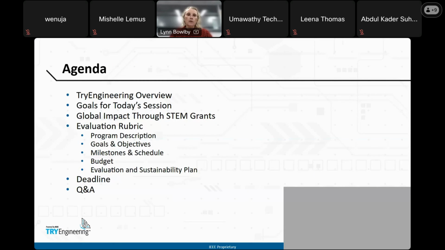And if you've looked at the application, you'll see that there are five separate areas of the application. Those are also going to correspond back to the evaluation rubric, and they are the program description, goals and objectives, milestones and schedule, budget, and evaluation and sustainability plan. We're going to talk a little bit about that deadline and then give time for Q&A, as I said.